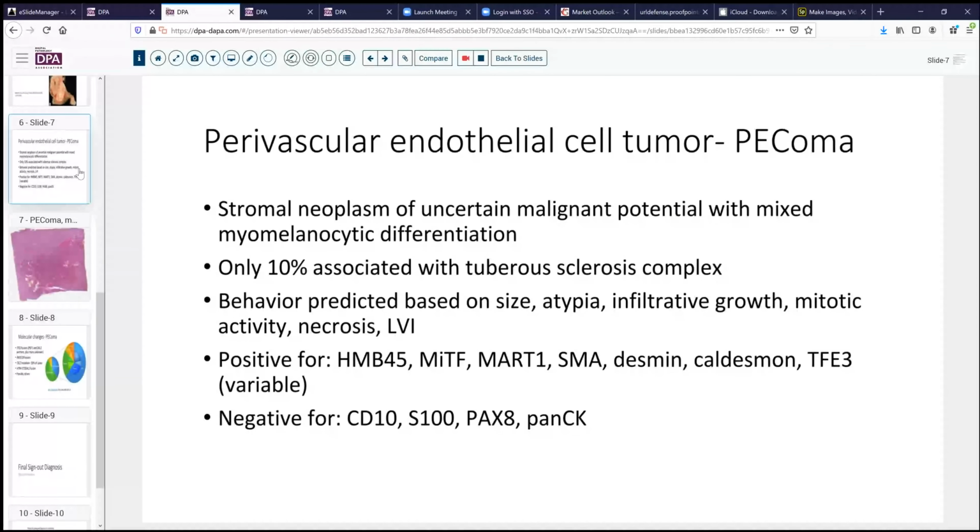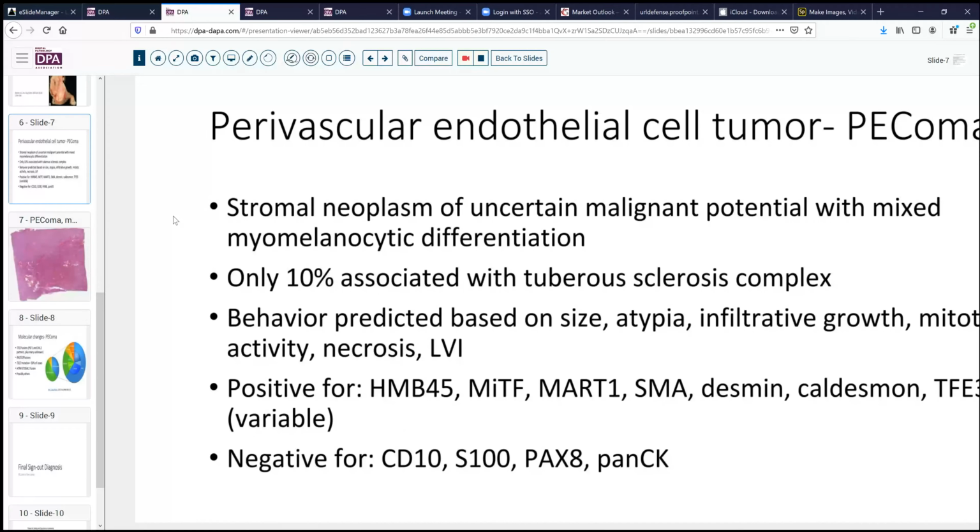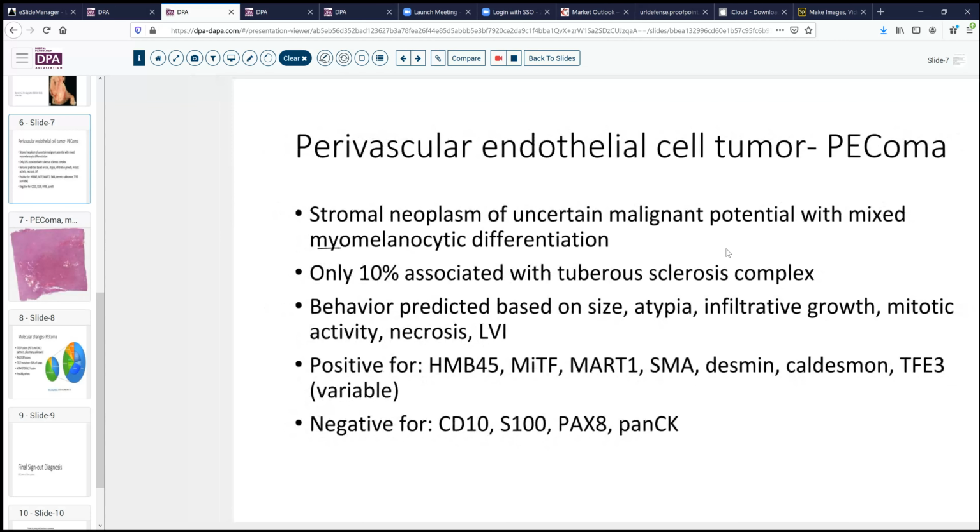of the uterus. These are stromal neoplasms of uncertain malignant potential with mixed myomelanocytic differentiation. They have some muscle and some melanocytic differentiation. Now, it's known that some of these can be associated with tuberous sclerosis, but that's only about 10%.